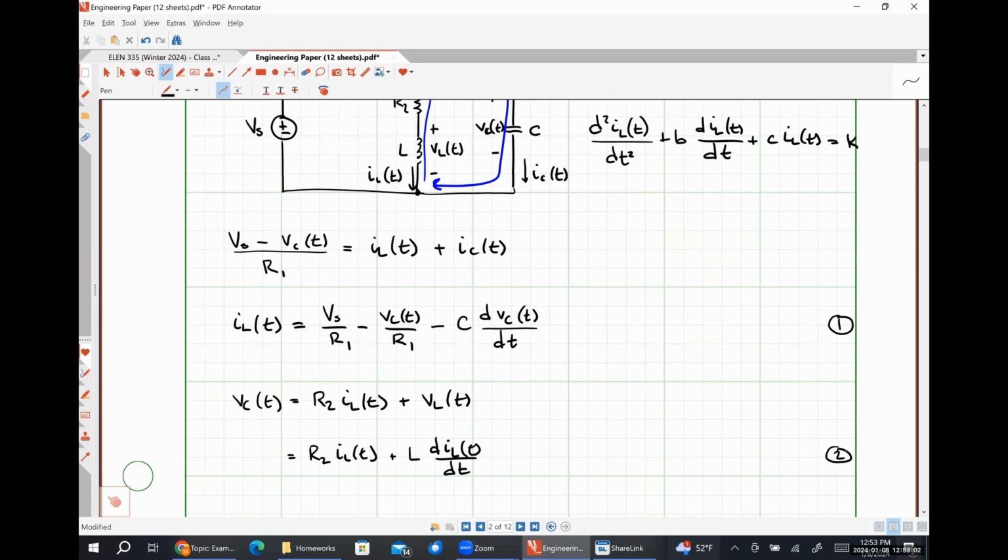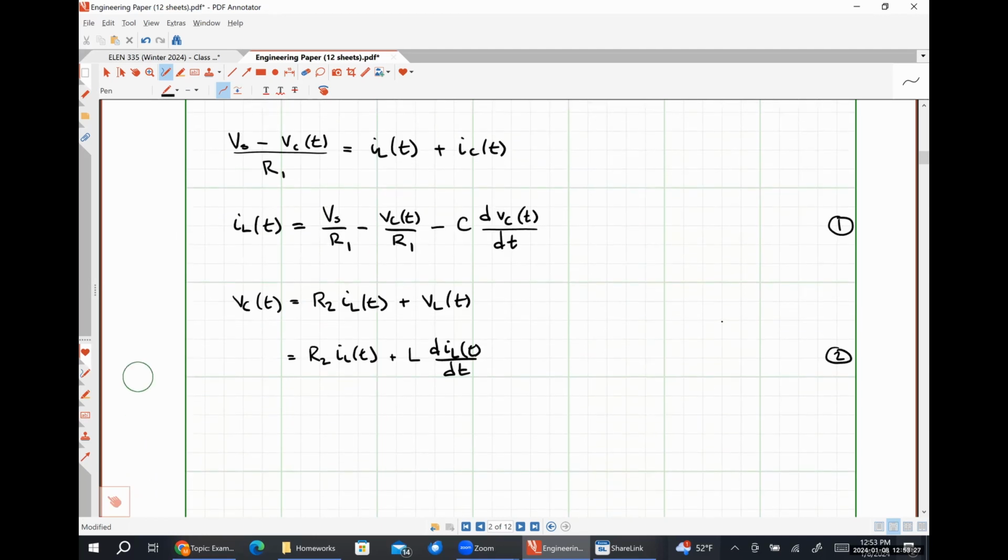Now, my end goal is to get a second order differential equation. And right now, both of these equations only have first derivative terms at maximum. So what I'm going to do is take the derivative of one of these, and I'm going to choose to take the derivative of equation 1, okay?